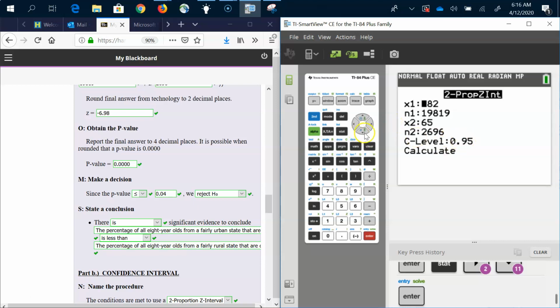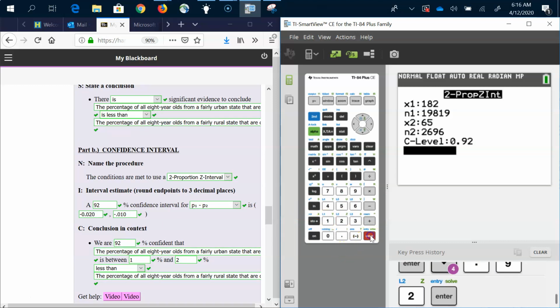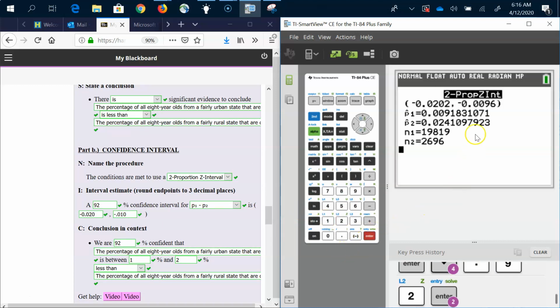And we do want to change this to 92% because that's what the problem asked for. So here's the lower value for the confidence interval. Here's the upper value.